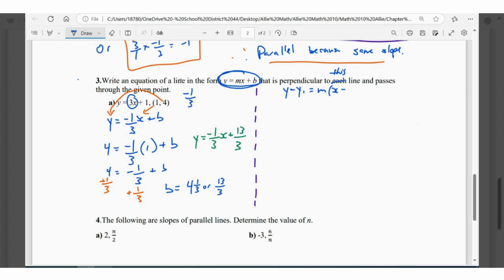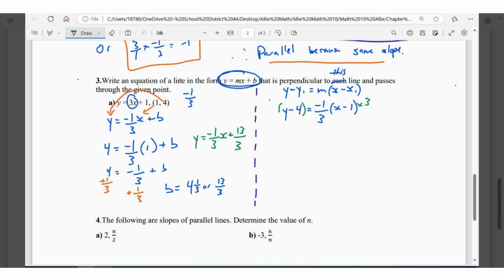And now we can go y subtract our y1, which is 4, equals our slope. Remember, we need the perpendicular slope, so it's going to be -1/3. And that's x subtract our x1, which is 1. And then we can get rid of our fractions by multiplying by 3 on each side.